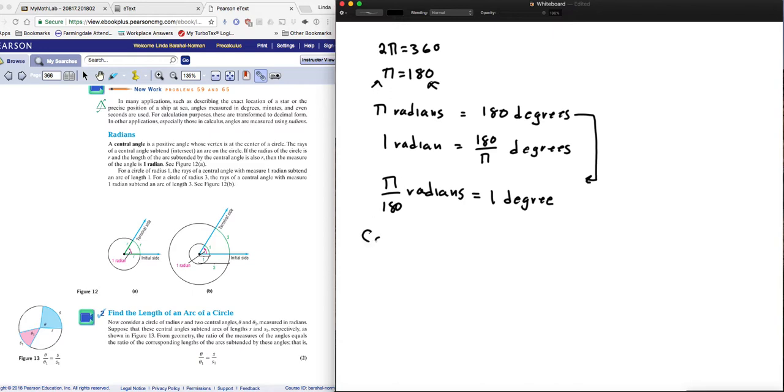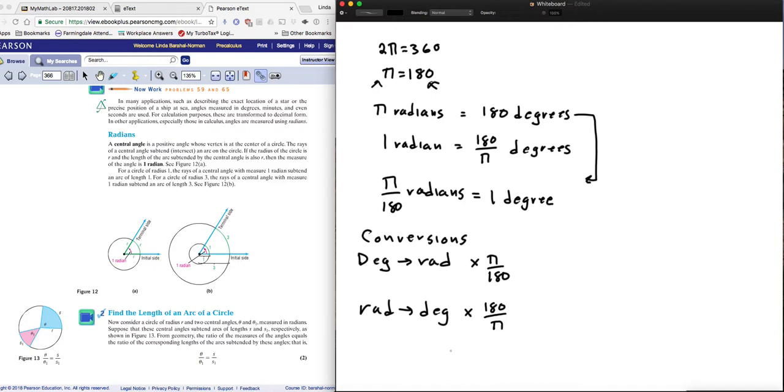So our conversions are this: degrees to radians, we multiply by pi over 180. Radians to degrees, we multiply by 180 over pi.